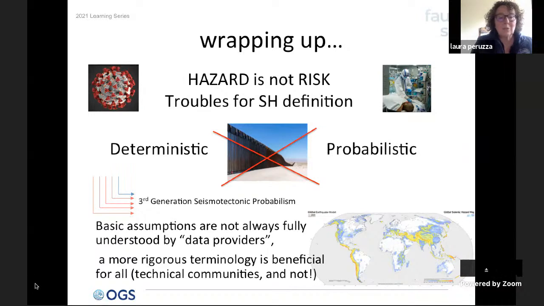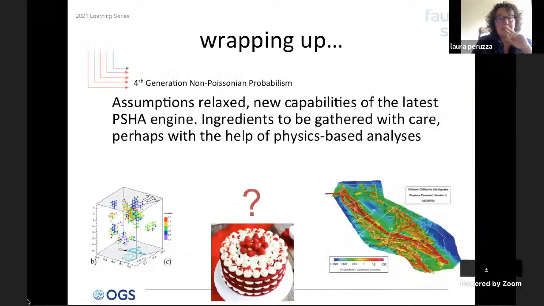The distinction between deterministic and probabilistic is not so strict. And what is the standard level all over the world, the third generation of seismotectonic probabilism, accepts some basic assumptions that sometimes are not fully understood either. So more rigorous terminology is beneficial for all of us, technical communities and the general public.